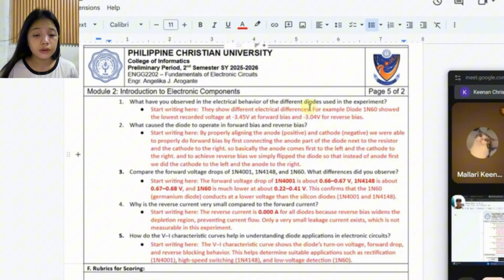The 1N4148 is used in high-speed switching applications. But since the forward voltage of the 1N60 is lower, it is ideal for low voltage detection circuits. So overall, the V-I curves help us understand how diodes work and where they are most effective in real electronic circuits.